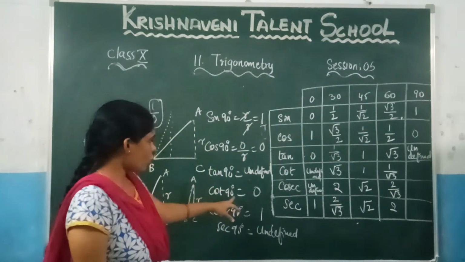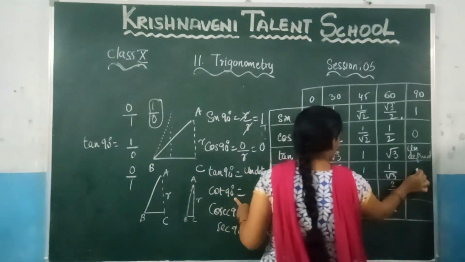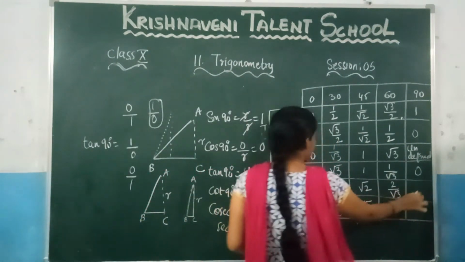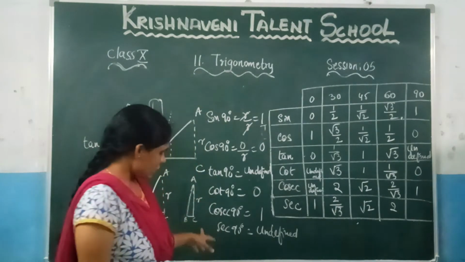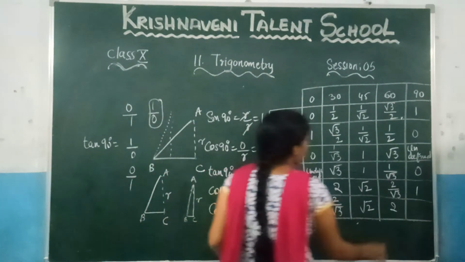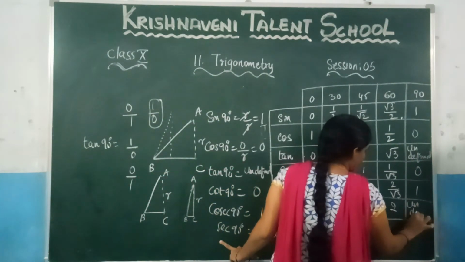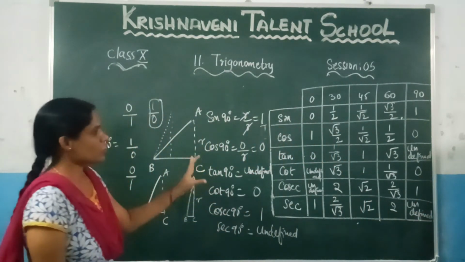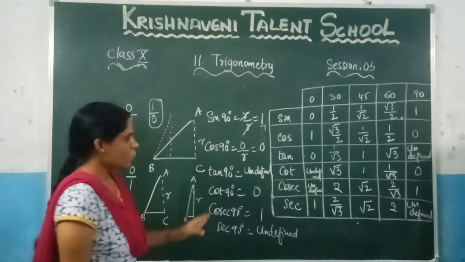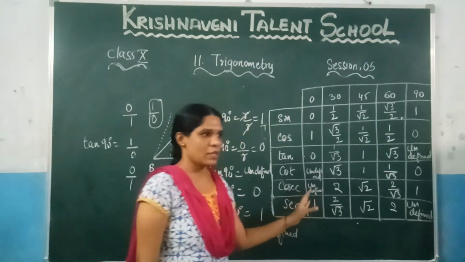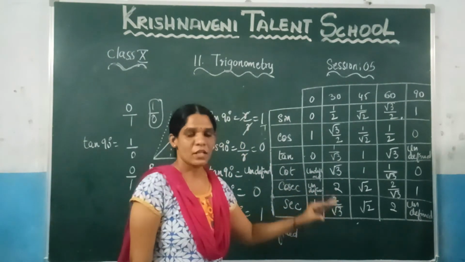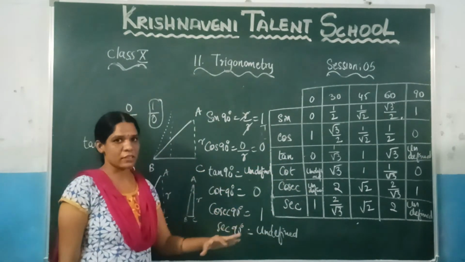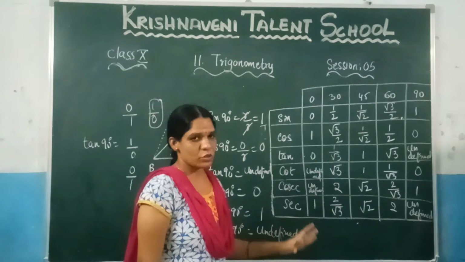Cot 90 is 0, cosecant 90 is 1, and secant 90 is undefined. Okay, like this you got all these values. In the examination they will ask the values of these, so you need to remember this table so that you can directly find the values.